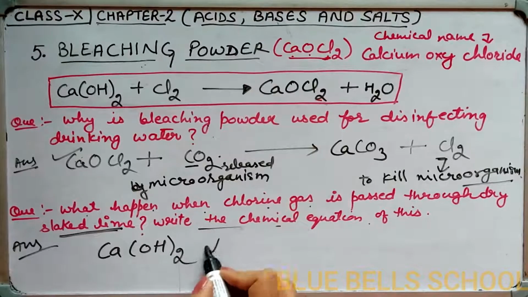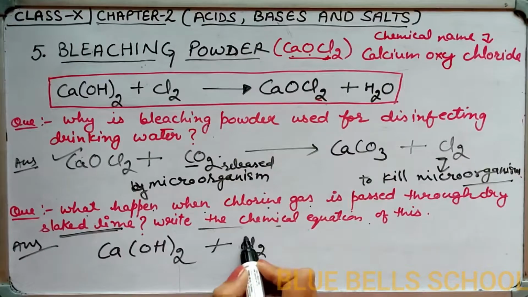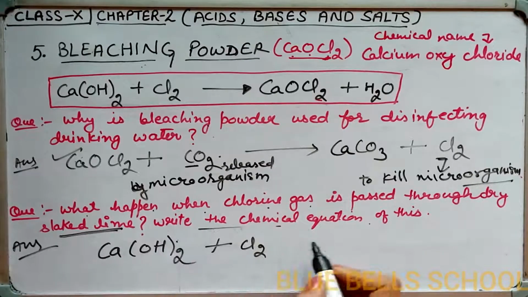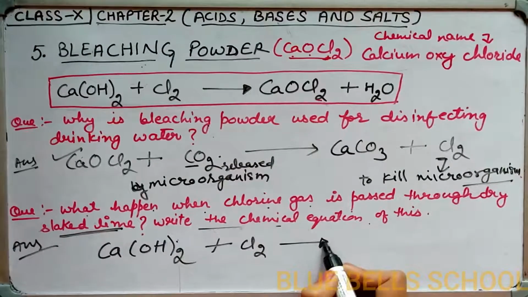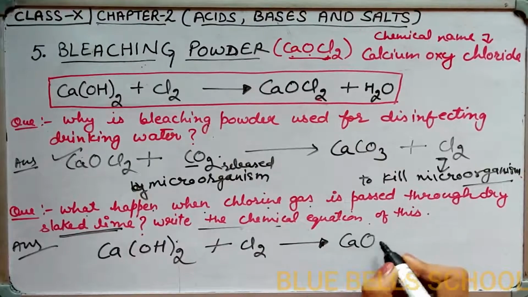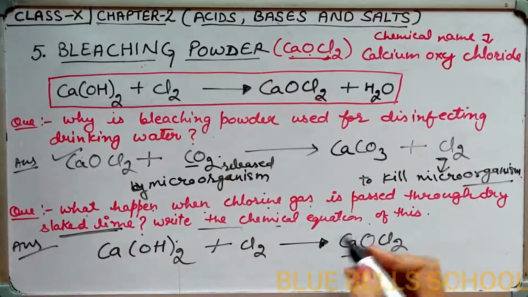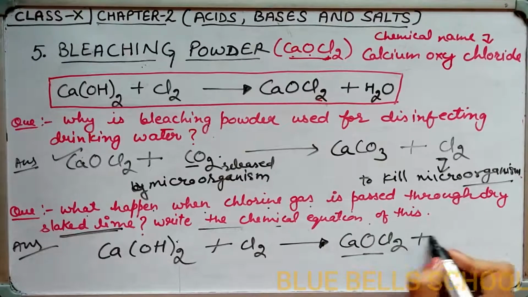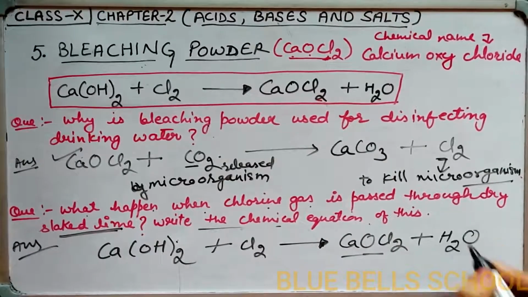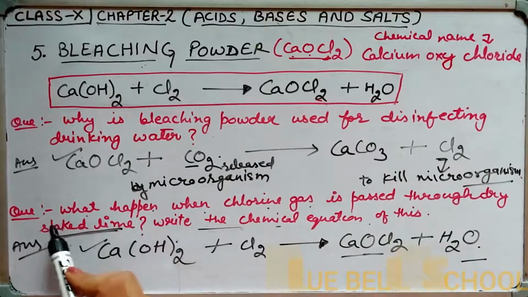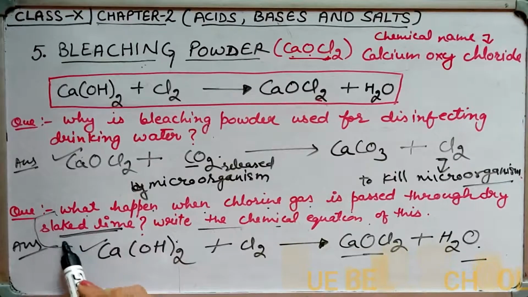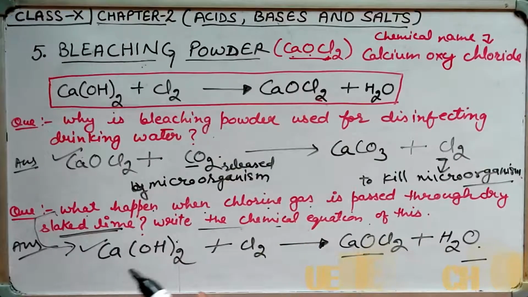When chlorine gas is passed through this dry slaked lime, it will form calcium oxychloride, which is also known as bleaching powder, and also produces a small amount of water. It means this question directly represents how to prepare bleaching powder chemically.